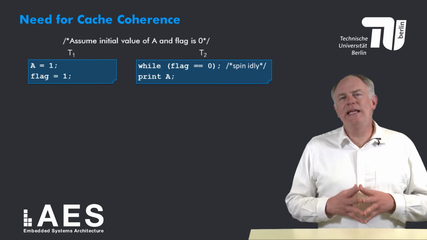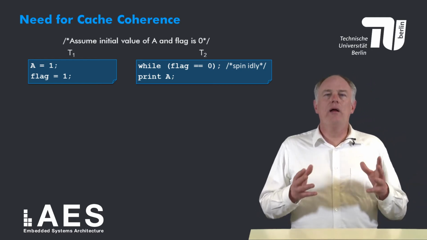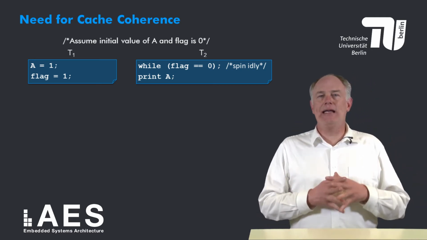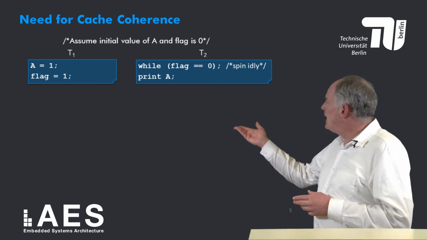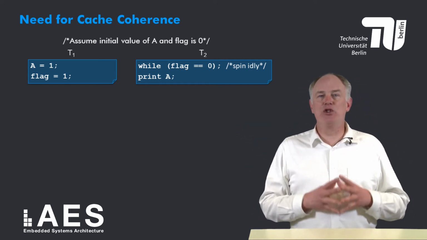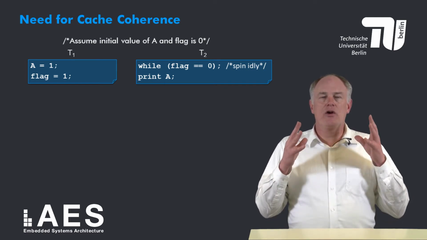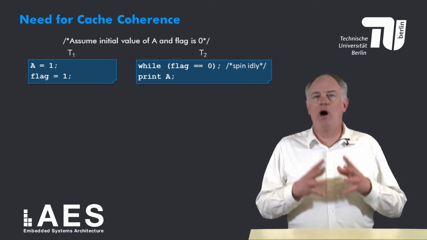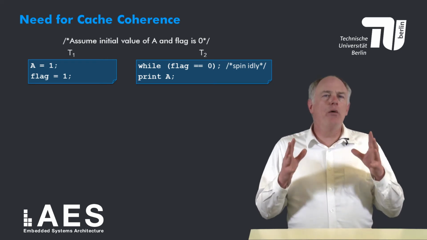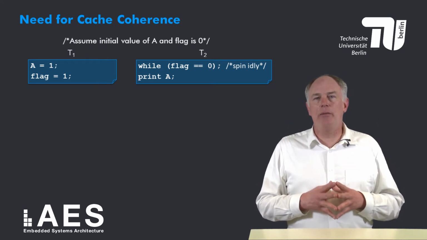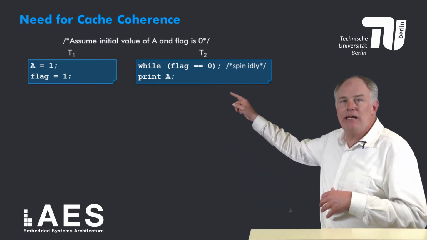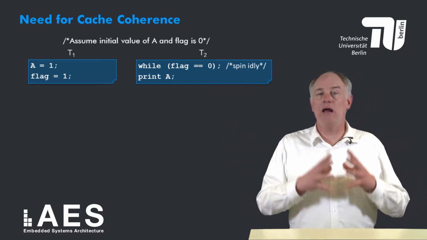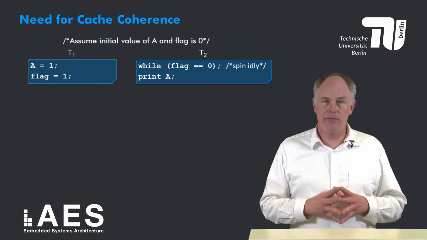But why do we need cache coherence? Well, we need it to communicate in a shared memory system. To illustrate this, here we have a simple shared memory program containing 2 threads, T1 and T2. Both threads access 2 shared variables, A and flag, and initially, as indicated at the top, both A and flag are set to 0.